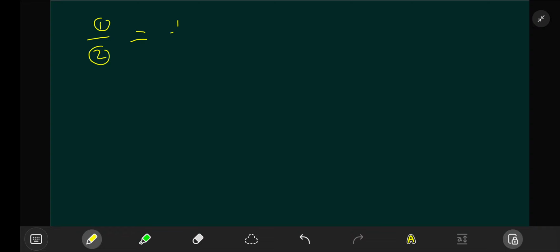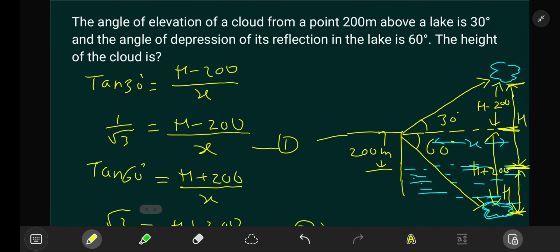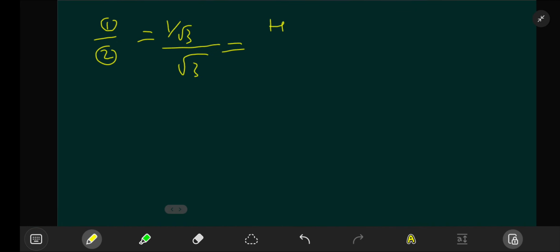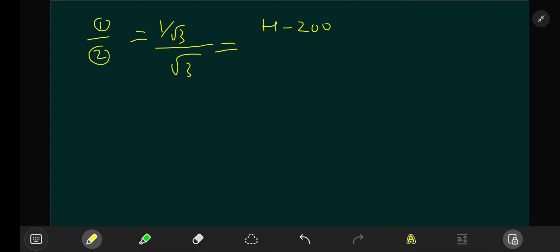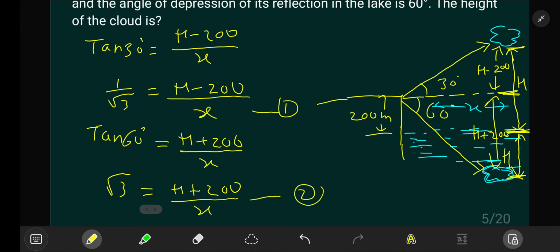That is 1 by root 3 whole divided by root 3 is equal to h minus 200 divided by x whole divided by h plus 200 divided by x.